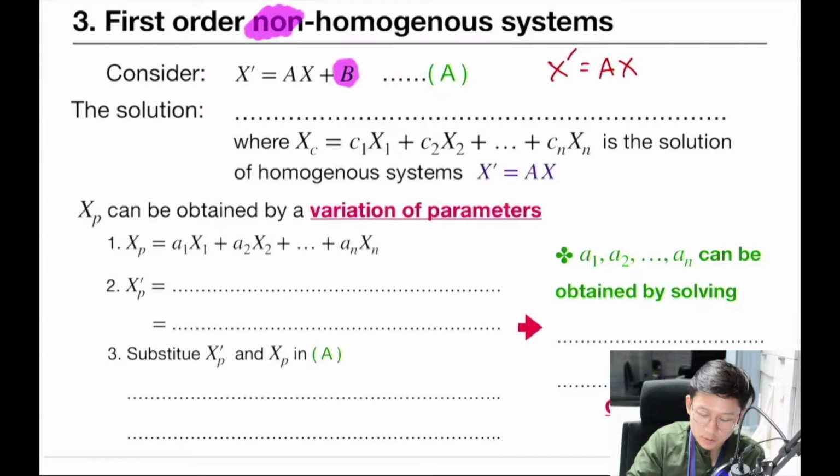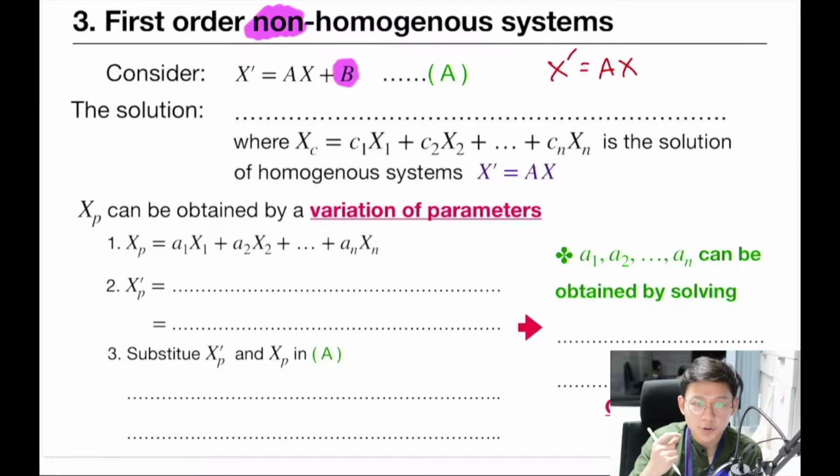If you remember in chapter 2, we looked at the homogeneous equations and then non-homogeneous equations. The techniques used in this section are going to be pretty much similar to what we did in chapter 2.